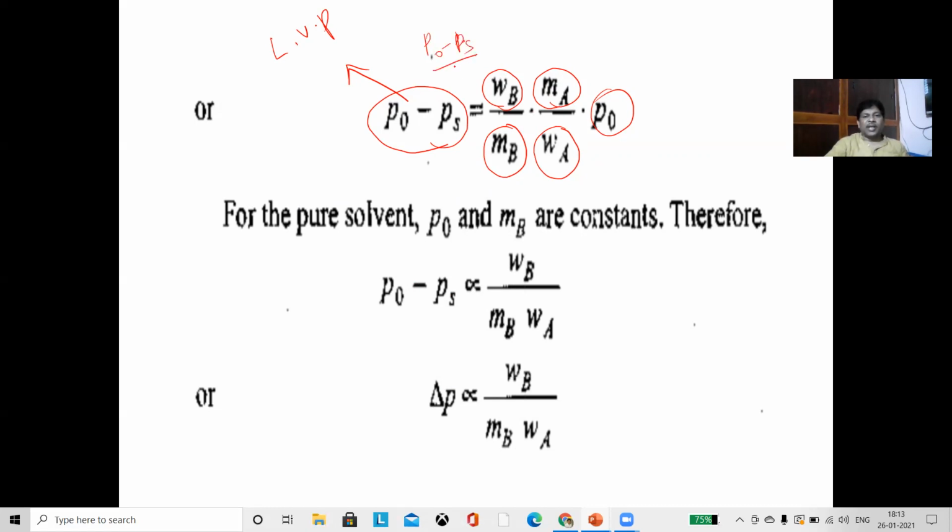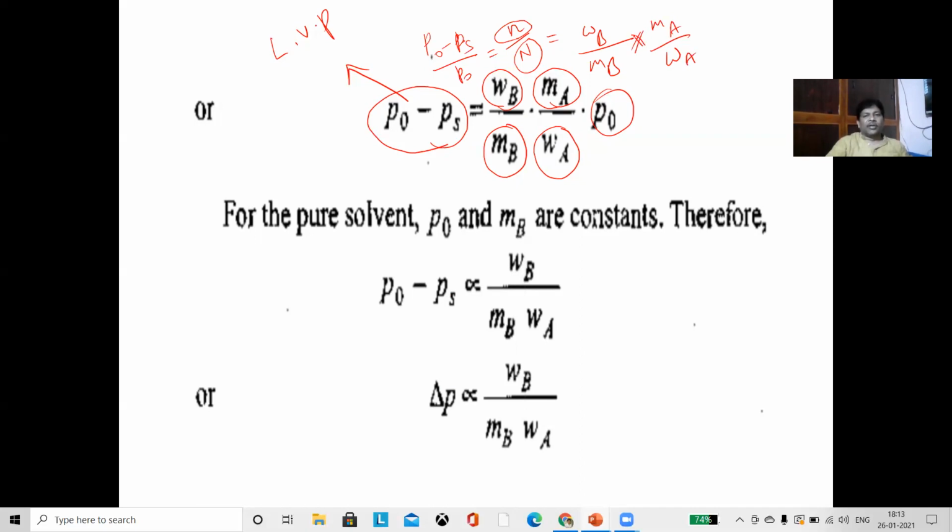P0 minus PS by P0 is equal to number of moles of solute by number of moles of solvent. That is weight of solute by gram molecular weight of solute, into, for the solvent WA by MA inverted, MA by WA.